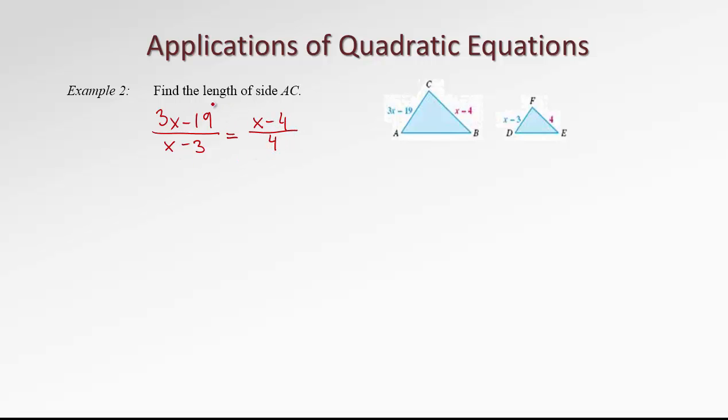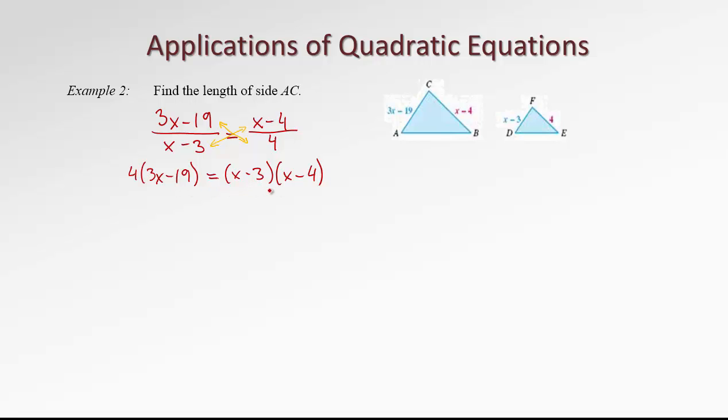And then when we already have this proportion, to solve it, we can use cross multiplication. That means we're going to multiply these two expressions across, and this product will be equal to the product of these expressions multiplied across. So we have 4 times 3x minus 19 equals x minus 3 times x minus 4.